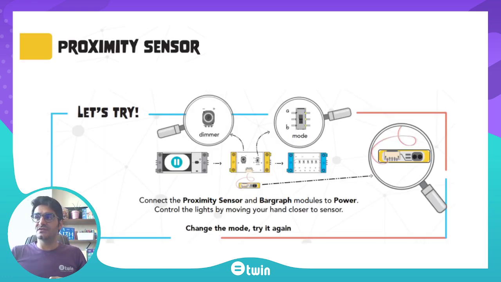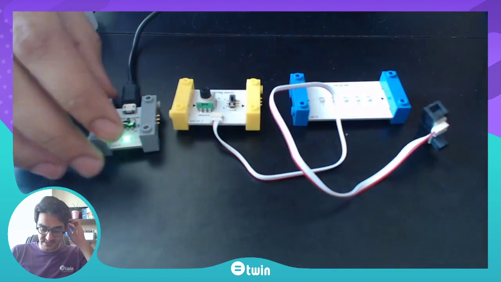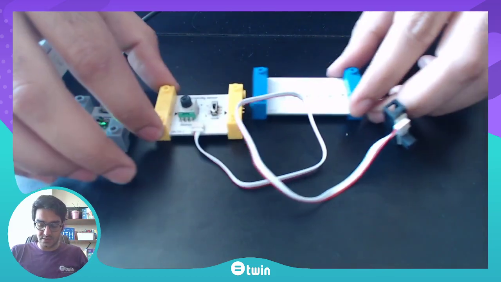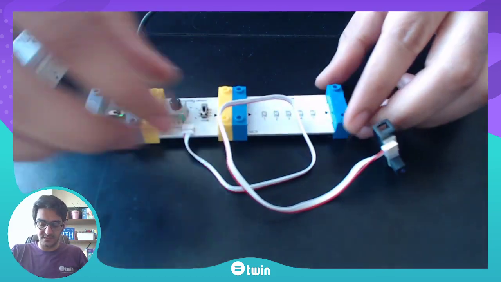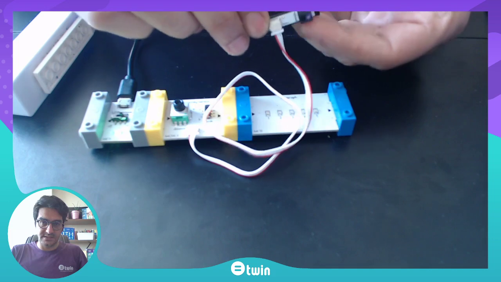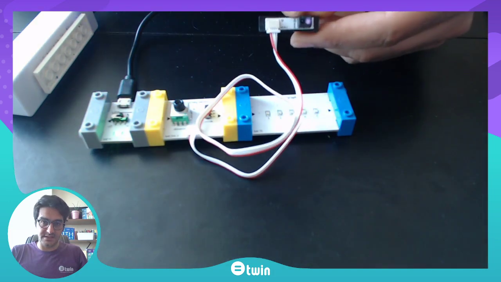We can try the functionality of the sensor by using a bar graph. It is a very nice way to explore the functionality of the proximity sensor. You can try as well. Let's try it together. I will just connect it to the bar graph, and the sensor is here.